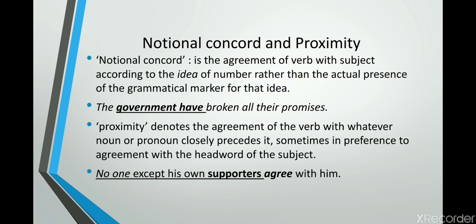That is why here we considered it as a plural notionally, on the level of meaning rather than the grammatical one. So, the government have broken all their promises. We have a plural verb here because the subject is considered as a plural notionally, on the level of notion, on the level of meaning.